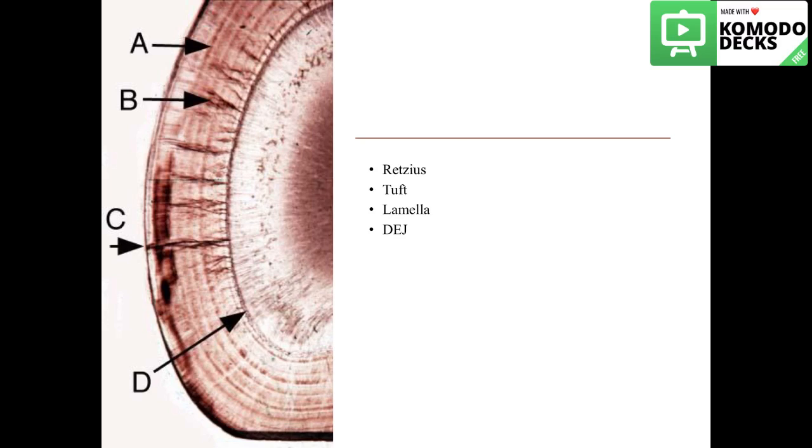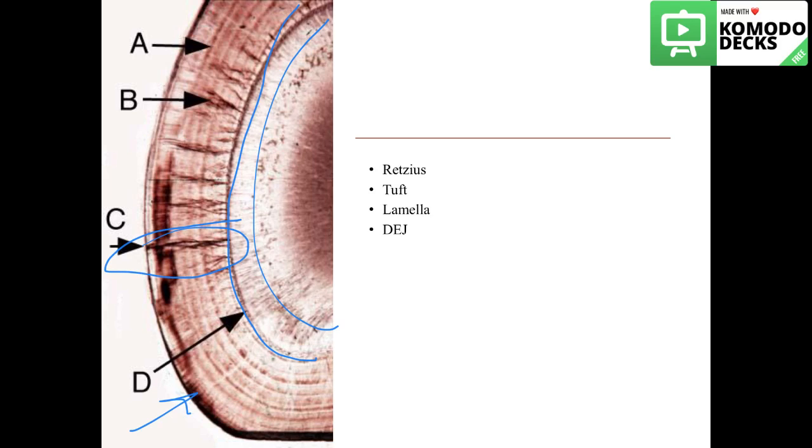In a cross section, you can see the striae of Retzius as circumferential lines, like the tree lines, the lines we see in a tree when we cut it in cross section. Of course, this is the enamel, this is the dentine, this is the dentino-enamel junction.